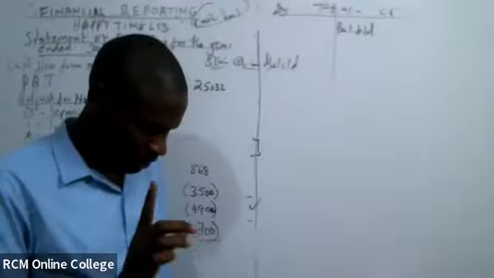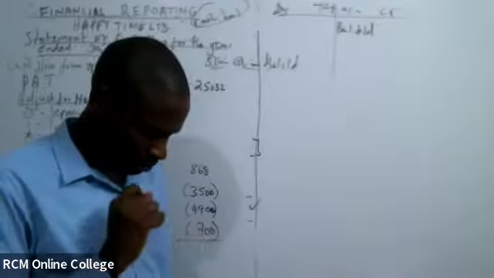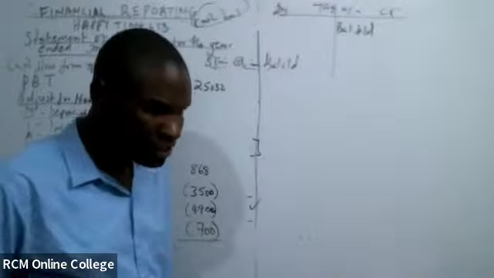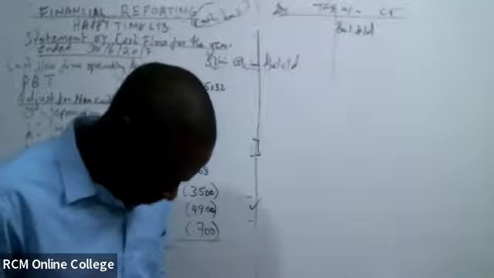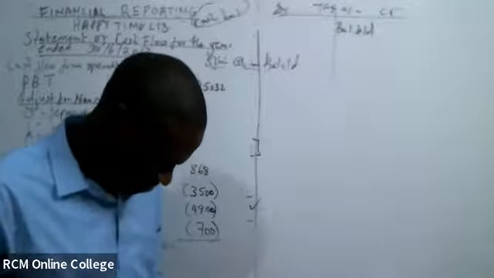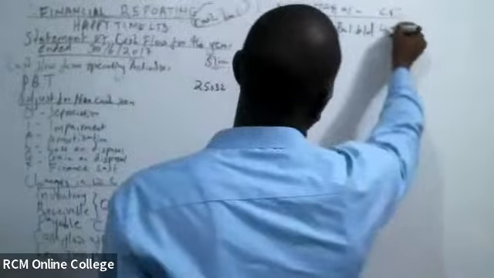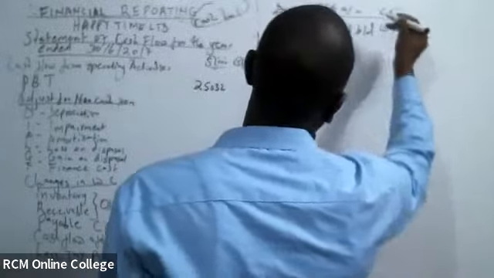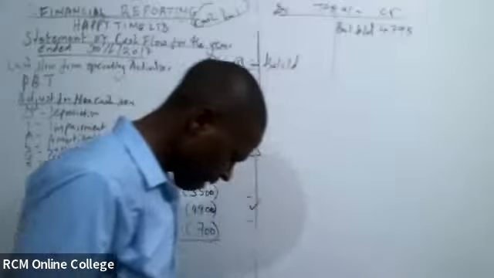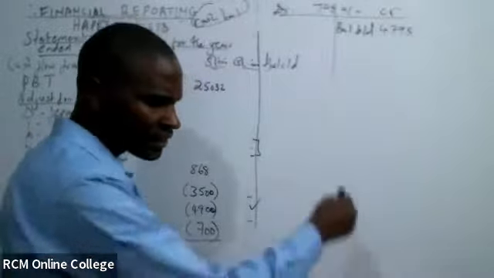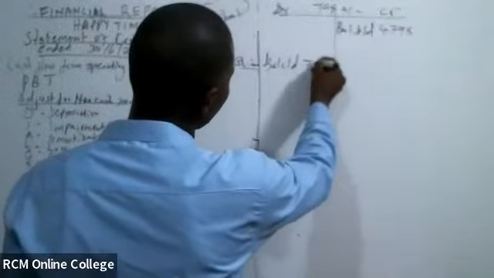Tulikuwa tuna ile tax payable. So nikiangalia vizuri in my 2016 balance ni 47.95. Haya, balance carried down ni ngapi? 72.80.